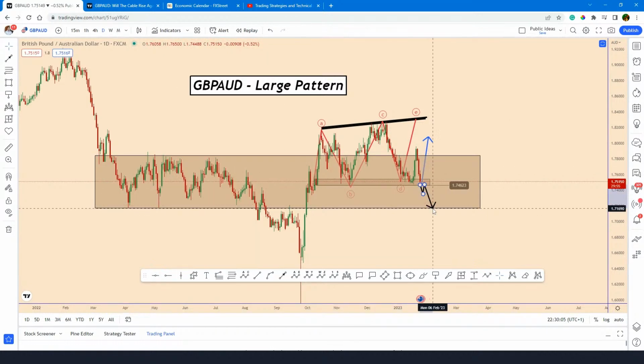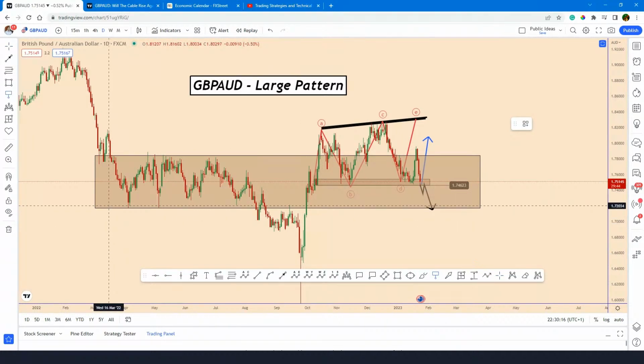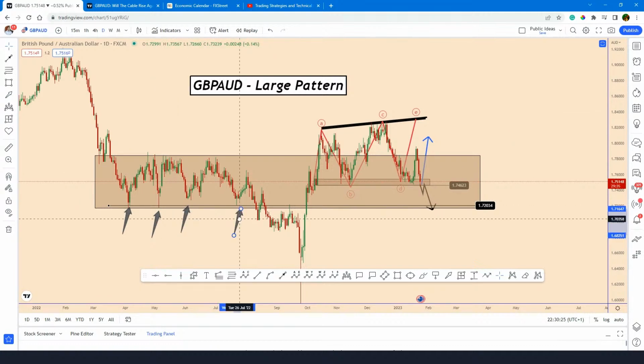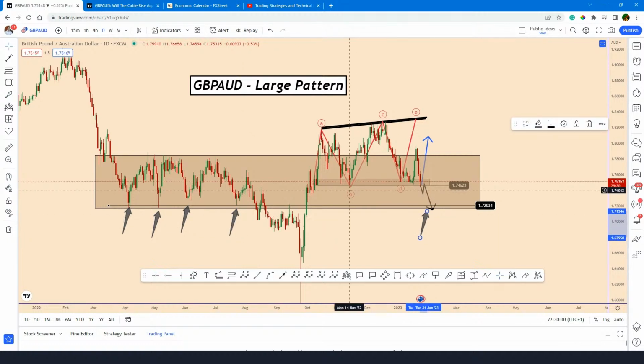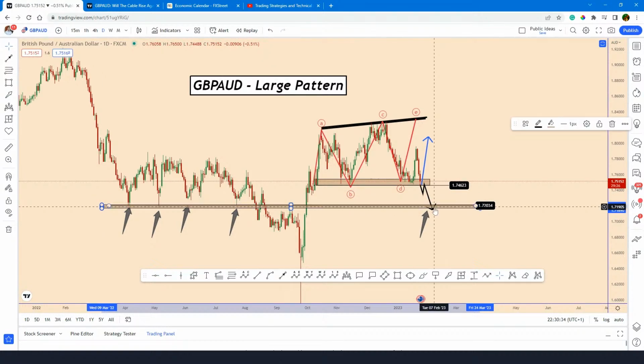The chances are high that if price breaks through this area, 1.7460 is the lowest low that it can create, because it's an area where price was before and we had many buyers in this zone. This is going to be another area where GBPUSD is going to stop the crash.